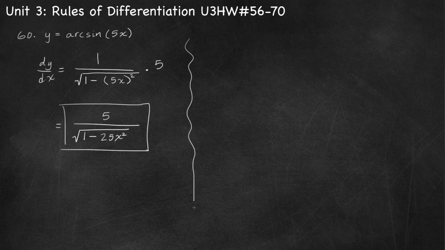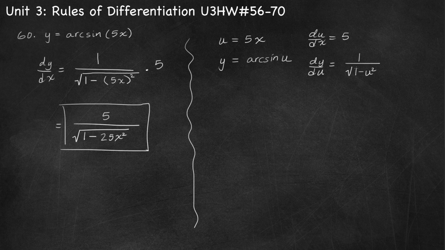If we want to see that worked out the long way, our inside function, we identify that as u equals 5x, and then y equals, that's my outside function, y equals the arcsine of u. So we take the derivative of each of these with respect to their independent variables. So we have du dx equals 5, and we have dy du equals 1 over the square root of 1 minus u squared.